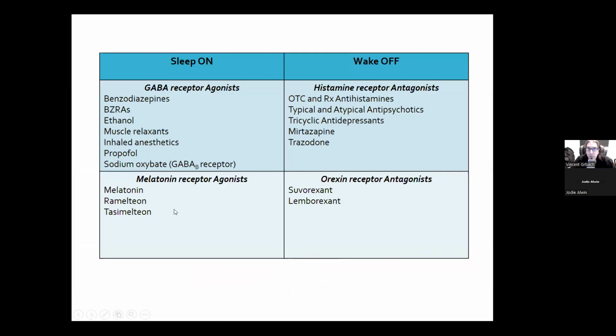The reason I say that is that if somebody is already using a benzodiazepine in order to sleep, often changing them to something else in the GABA agonist sector doesn't work that well. You have to use something different. You may have to use a melatonin receptor agonist, or introduce a histamine receptor antagonist in order to combat that.